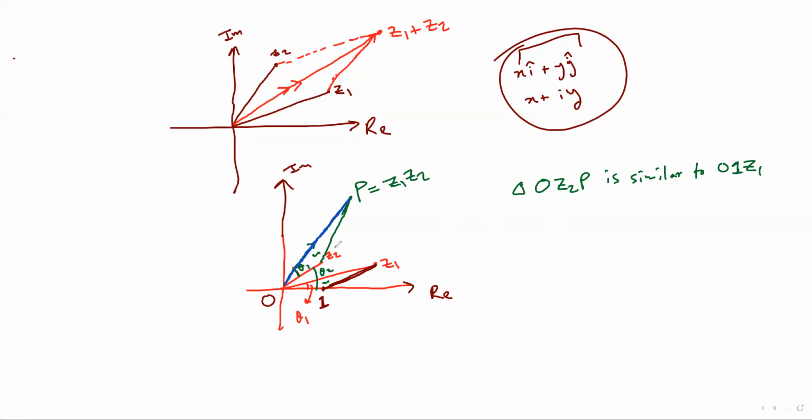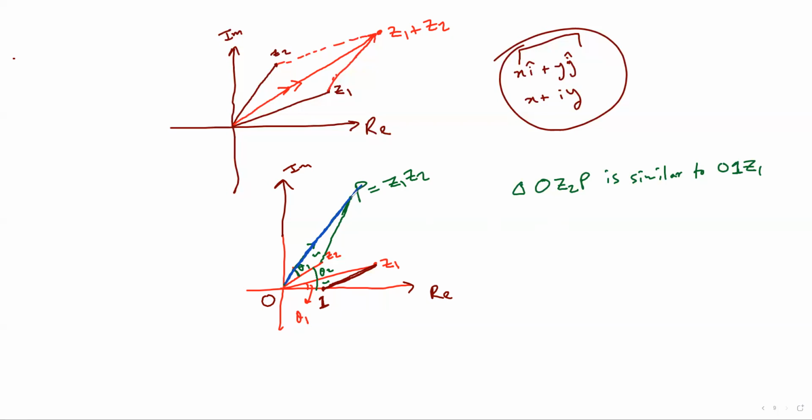This is the first hint. The green line has argument theta2 plus an additional theta1. So its argument is theta1 plus theta2, first of all. So argument wise, this satisfies the condition for Z1 Z2. That means wherever Z1 times Z2 must be, it must be somewhere along the green line.